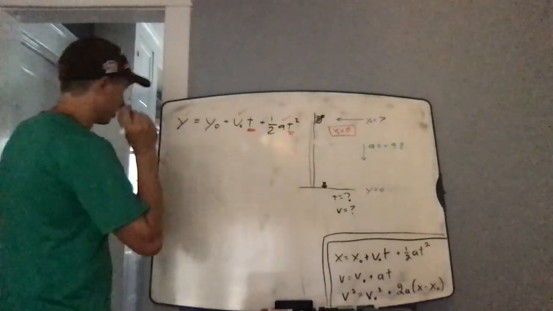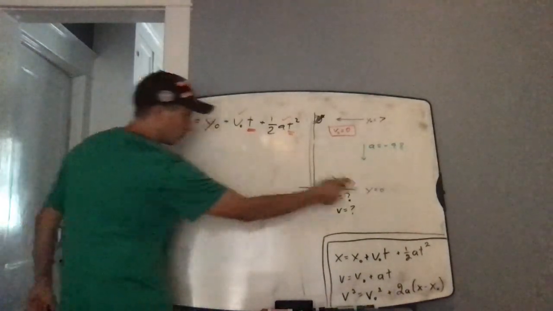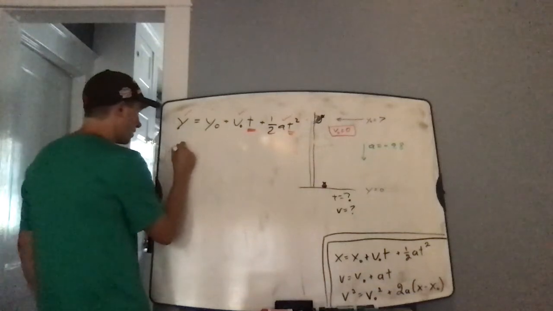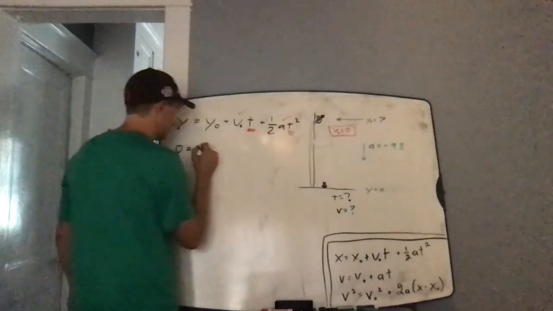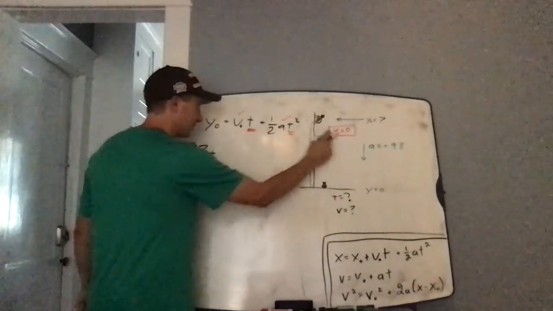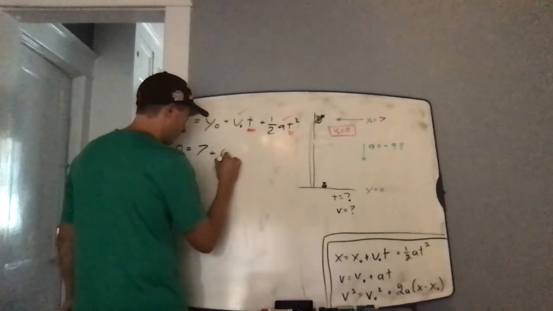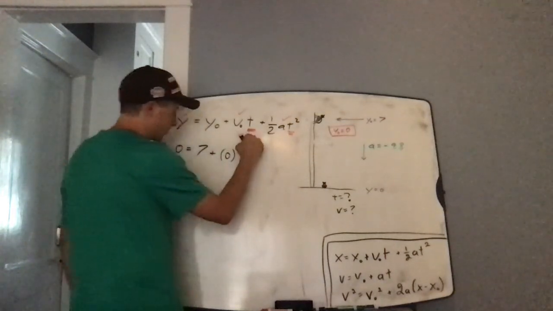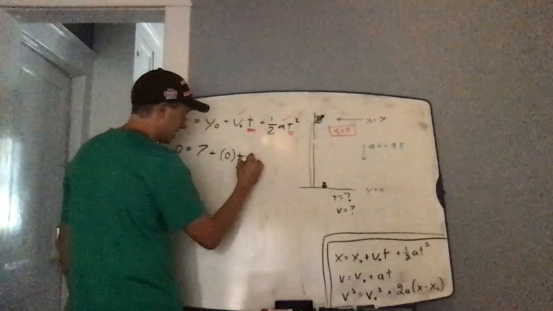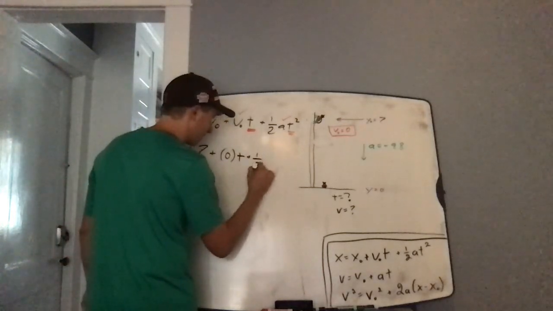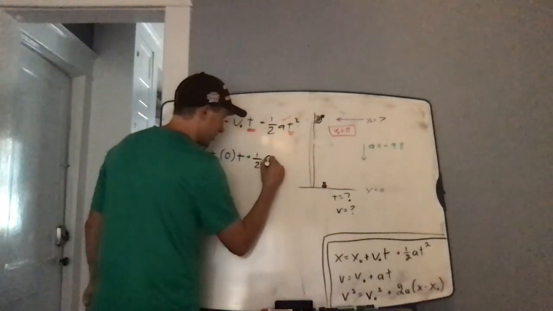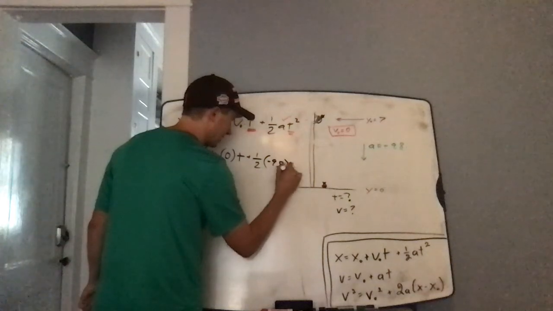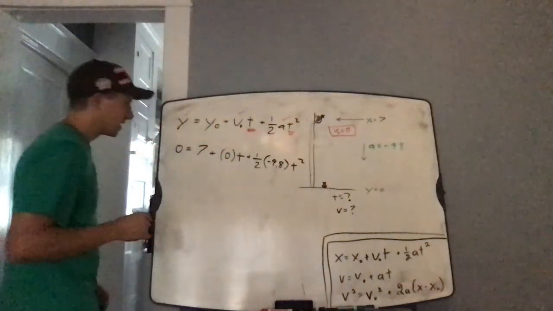So I could plug numbers in. Y final, we said, is 0. Y initial, we said, is 7. V initial, we said, is 0, multiplied by our unknown, which is time, plus 1/2 acceleration, negative 9.8, and then t squared.